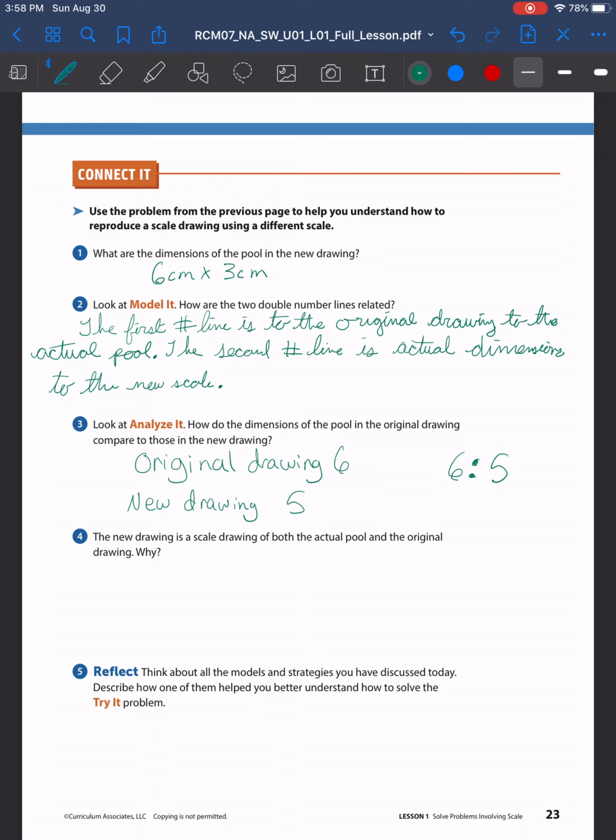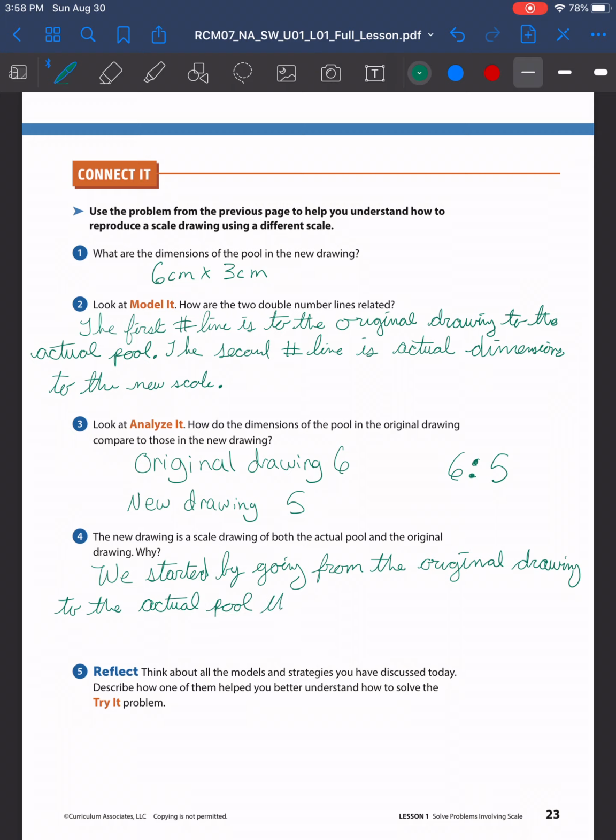It's because we started by going from the original drawing to the actual pool, then back to a small drawing that is our drawing.